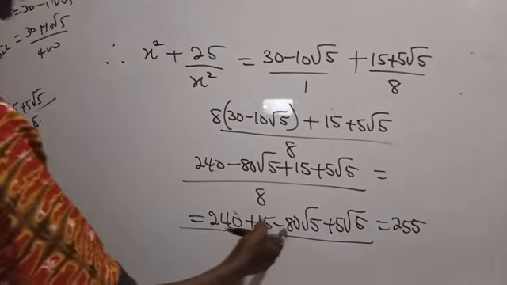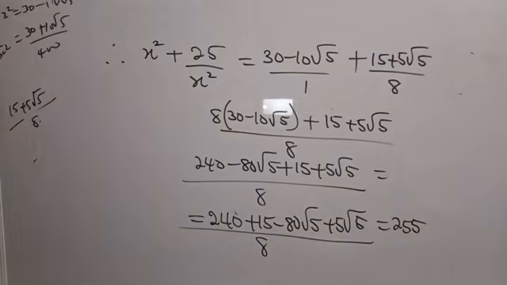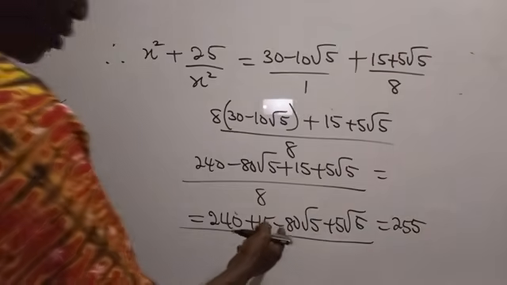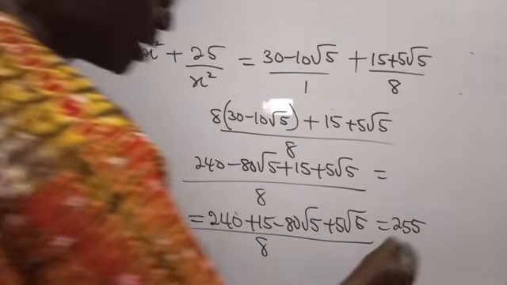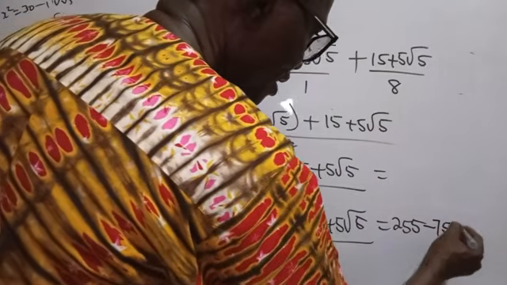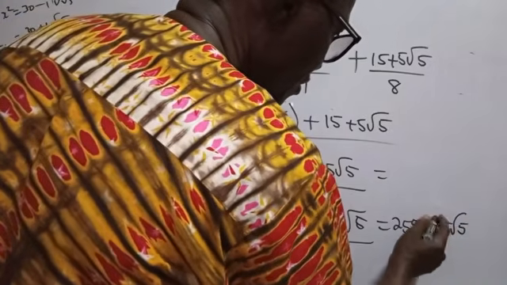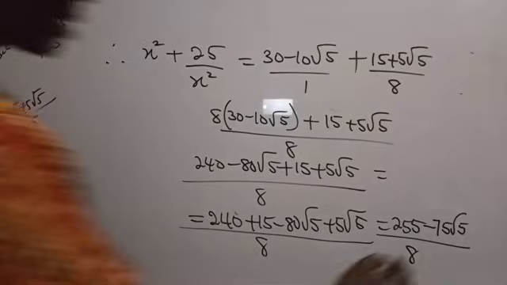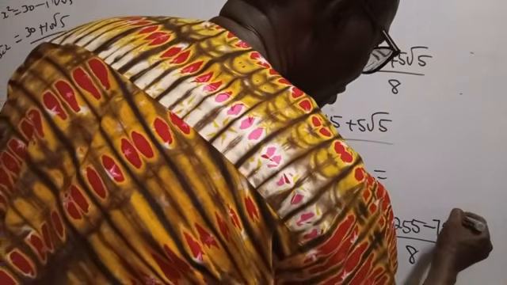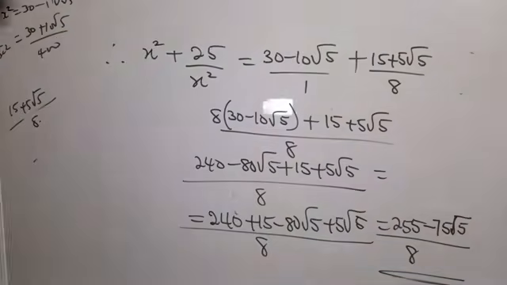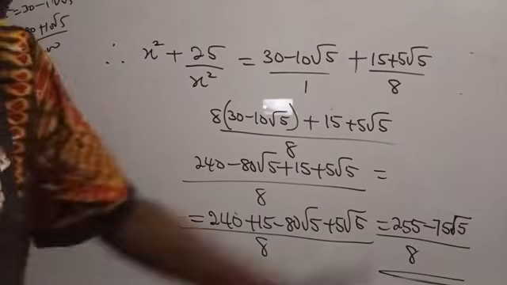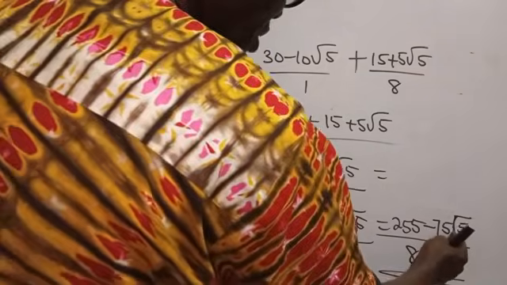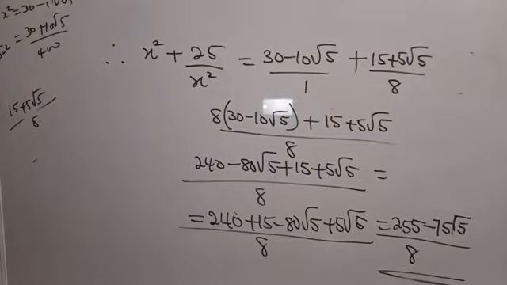Then minus 80 root 5 plus 5 root 5. It's like saying minus 80a plus 5a. That's minus 75 root 5 all over 8. So do we have anything that is common? No, nothing is common. So in this case, we can't factor out anything here. There's nothing common between the denominator and numerator. So we can leave it like this as 255 minus 75 root 5 all over 8.